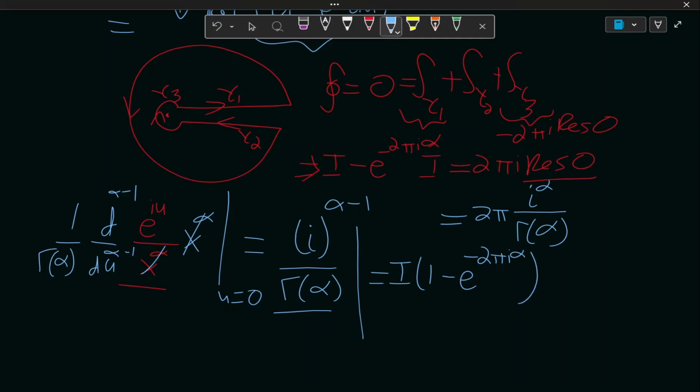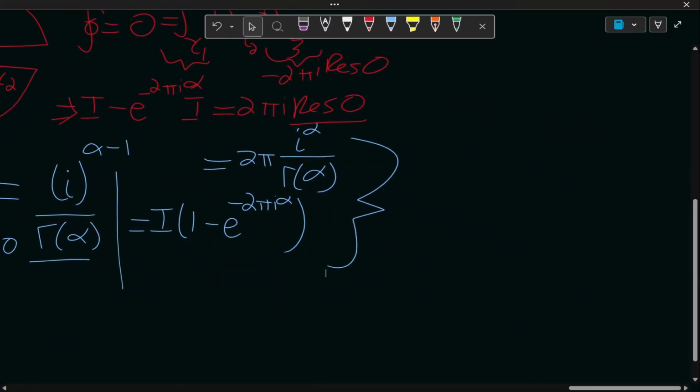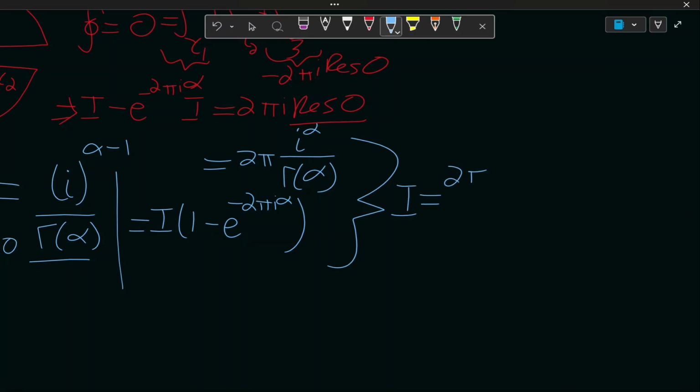Okay, and now if you just look at this right here, we can actually solve for our integral. Sort of. Well, it's not exactly the integral we had at the start, but we can use it to find it. So we just have 2 pi over 1 minus e to the minus 2 pi i alpha, and then times i to the alpha over gamma of alpha.